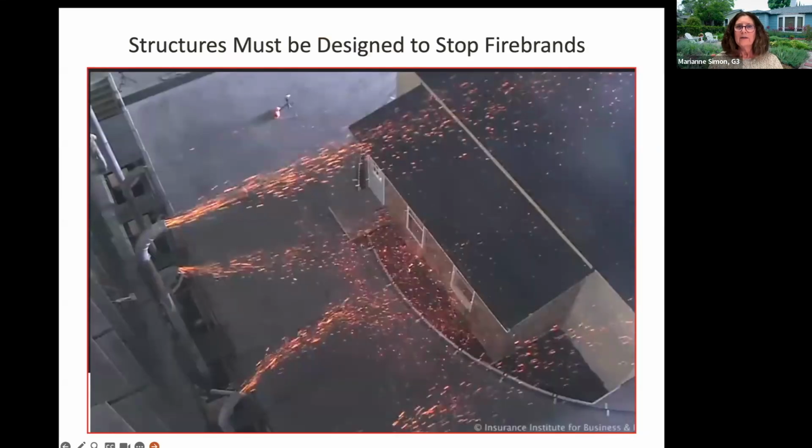So I don't think I can do the video here. One of the links that we're going to send you, this is an incredible video. The experiment was done by an insurance company, and they basically simulated what it looks like when you've got embers that are blowing on a home.